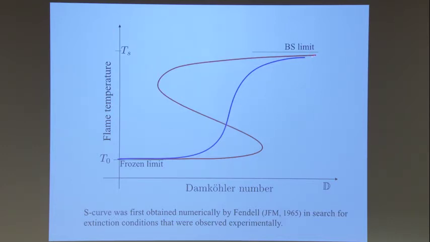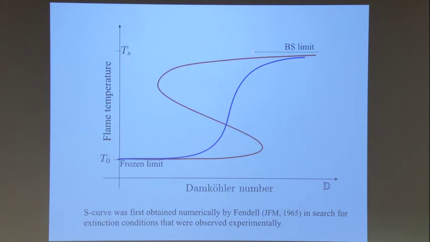Because what happens if you follow the red curve, let's follow it from the Burke-Schumann limit, let's say. So here you have a complete combustion, okay? Both fuel and oxidizer are completely consumed. As D is reduced, the chemical reaction time is no longer very short, so it takes some time, and therefore the temperature will drop from the stoichiometric temperature, and the fuel and oxidizer will not necessarily be completely consumed at the reaction sheet.